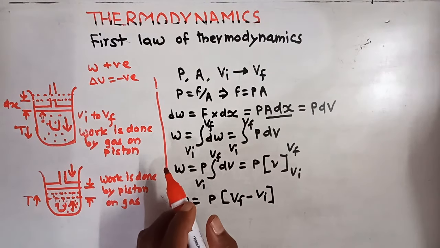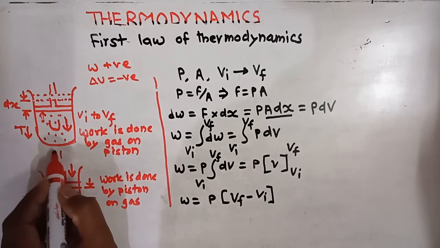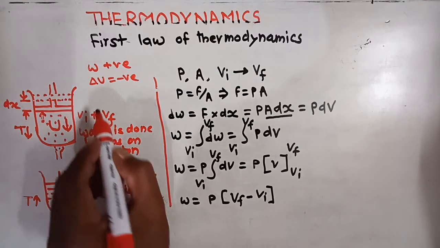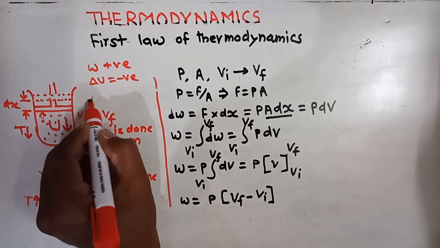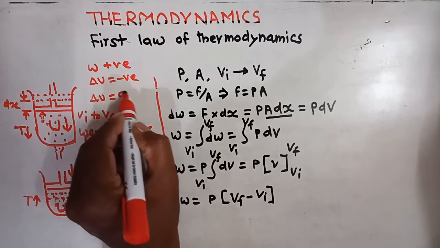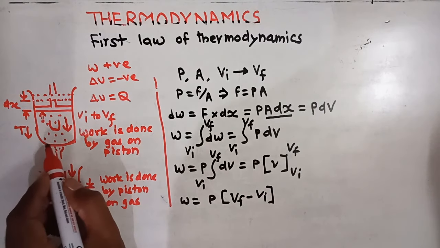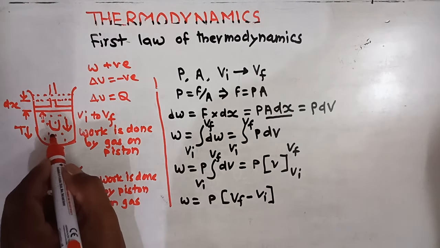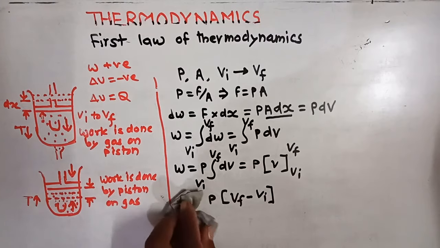And in the previous example we have seen that when heat is added to the system, then del U is equal to Q. The heat added to the system will be absorbed by the system, and that's why the internal energy of this system is increased.